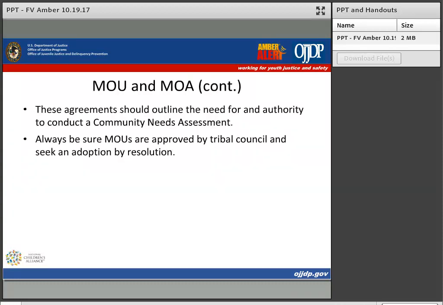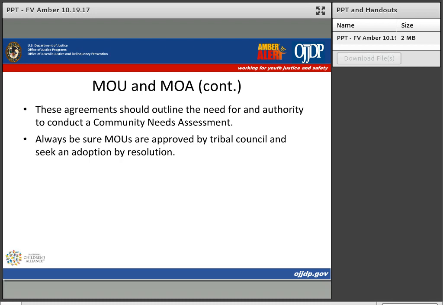And that is key. You've got to outline in these agreements how you're going to approach everything, which includes starting with the assessment, so that when you enter into that assessment and you begin that process, you are already partnering with the tribe. Make sure that before you start this process that you have the approval of tribal council.